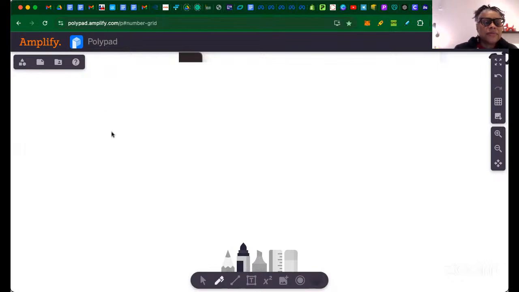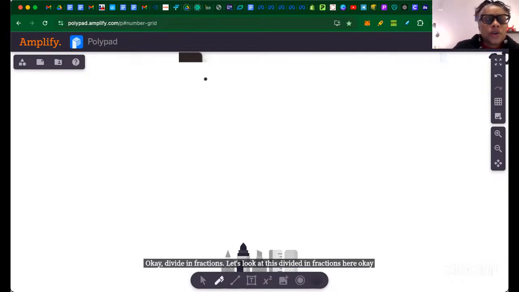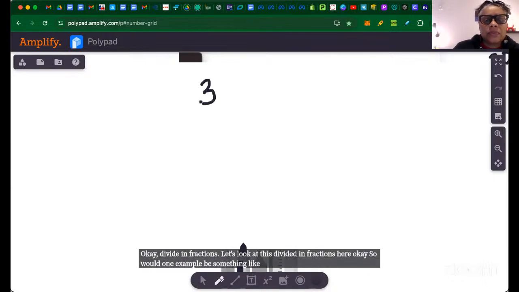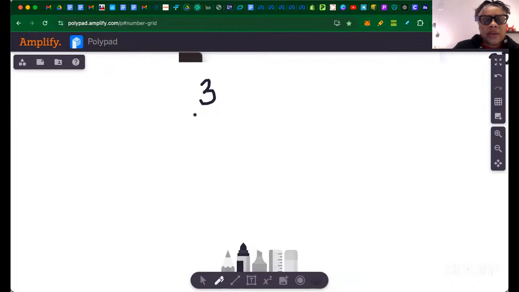Okay, dividing fractions. Let's look at dividing fractions here. Would one example be something like 3/4 divided by half? Something like that?